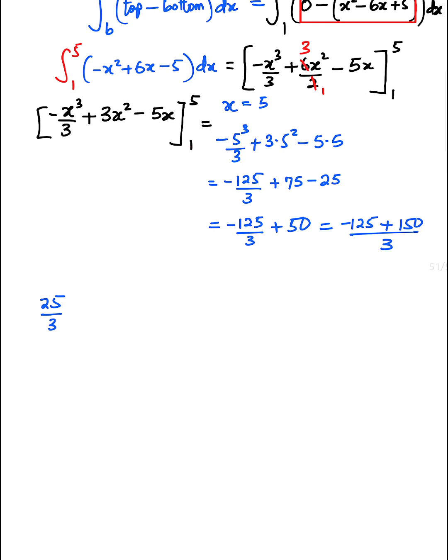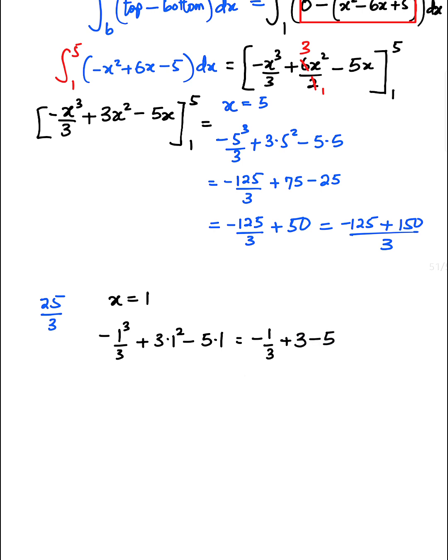So when x equals 1, here we have negative 1 raised to 3 all over 3, then plus 3 times 1 raised to 2, then minus 5 times 1. Now, this gives us negative 1 over 3, then plus 3, then minus 5.